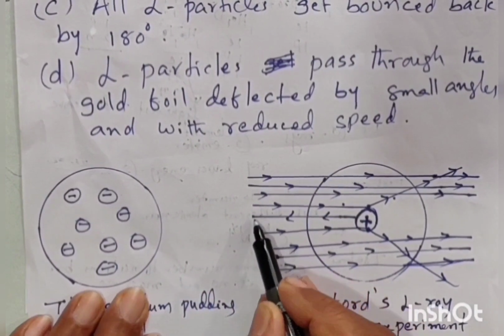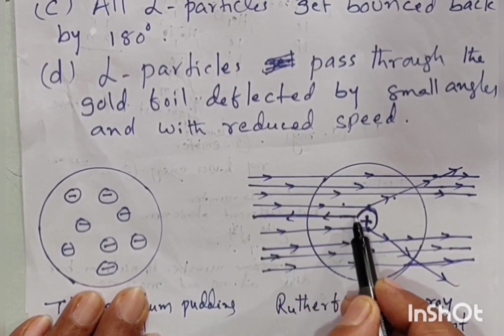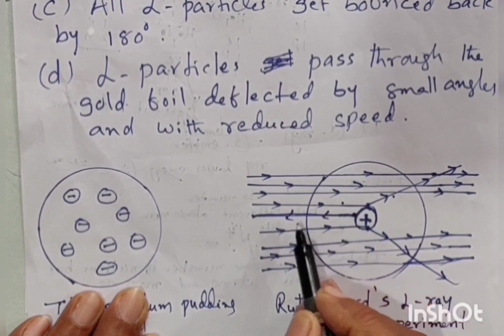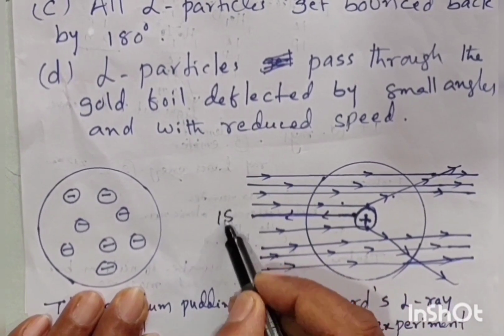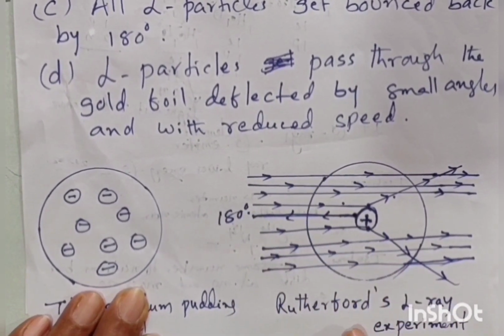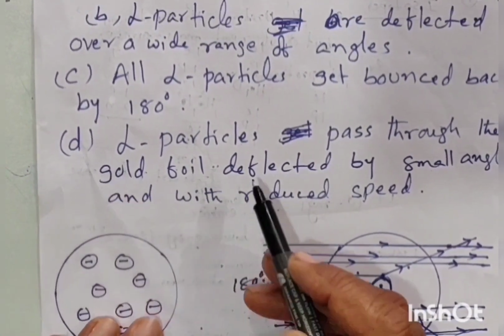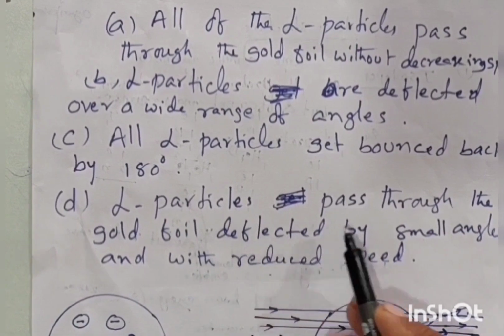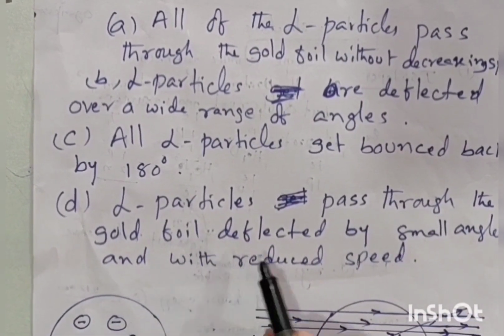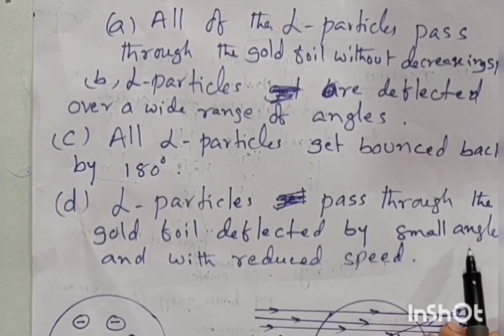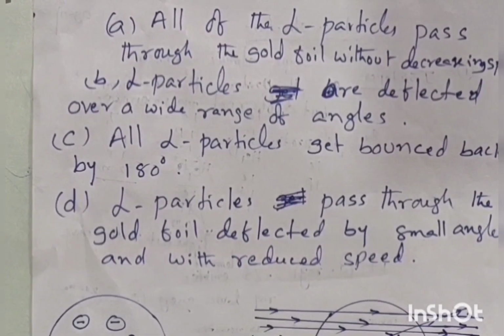Here, when an alpha particle is bombarded directly at the nucleus, it bounces back at 180 degrees. It is also not pure Rutherford's alpha ray experiment. In option D, alpha particles pass through the gold foil, deflected by small angles and with reduced speed.